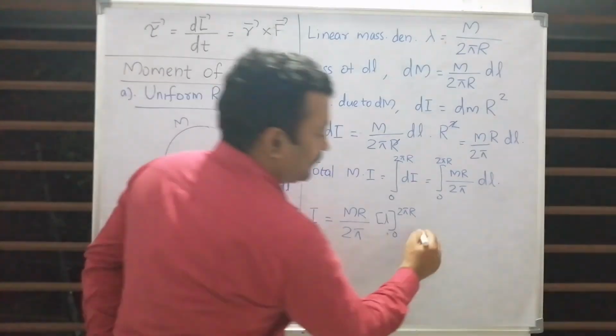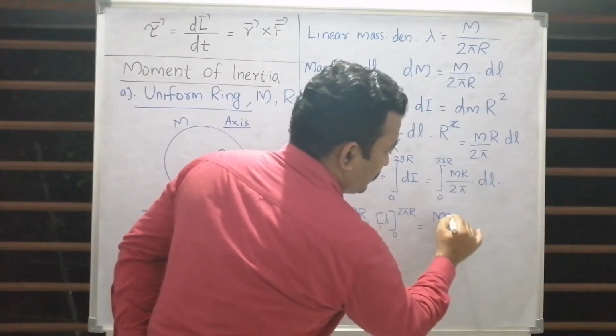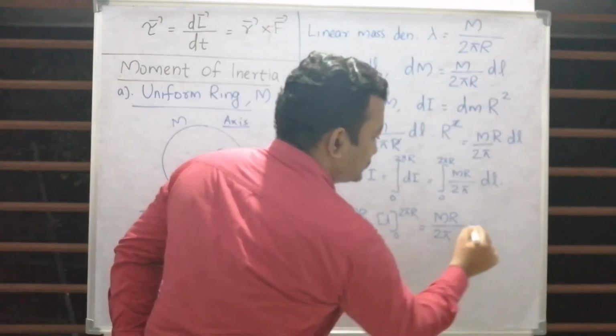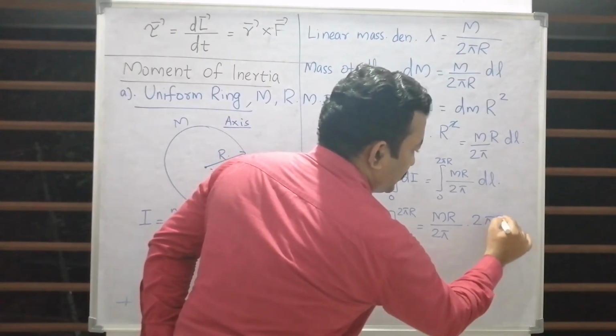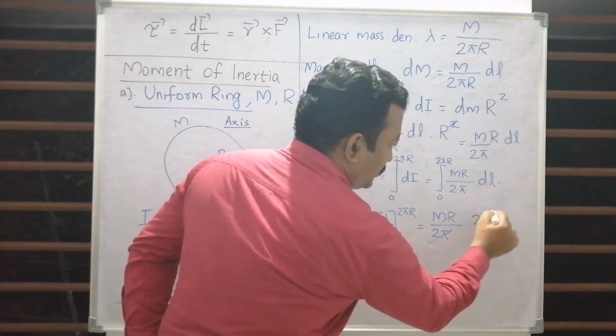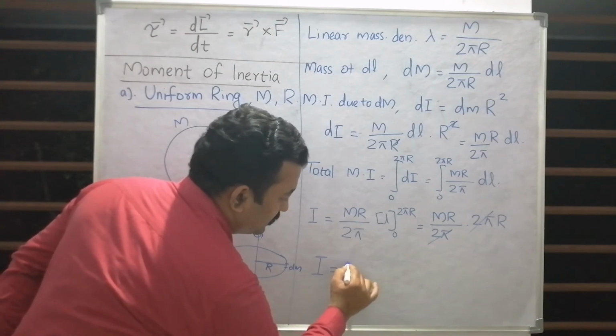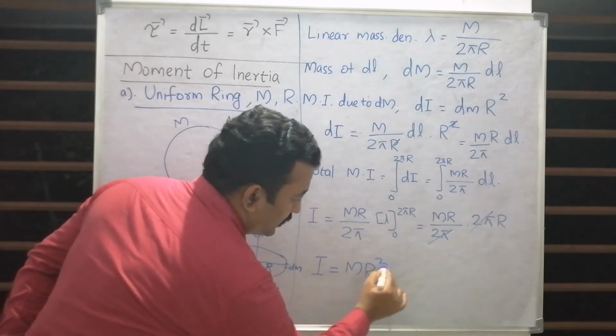Substituting the limits, this will become m r by 2 pi times 2 pi r minus 0, that is 2 pi r. 2 pi cancels. Moment of inertia of a ring is equal to m r square.